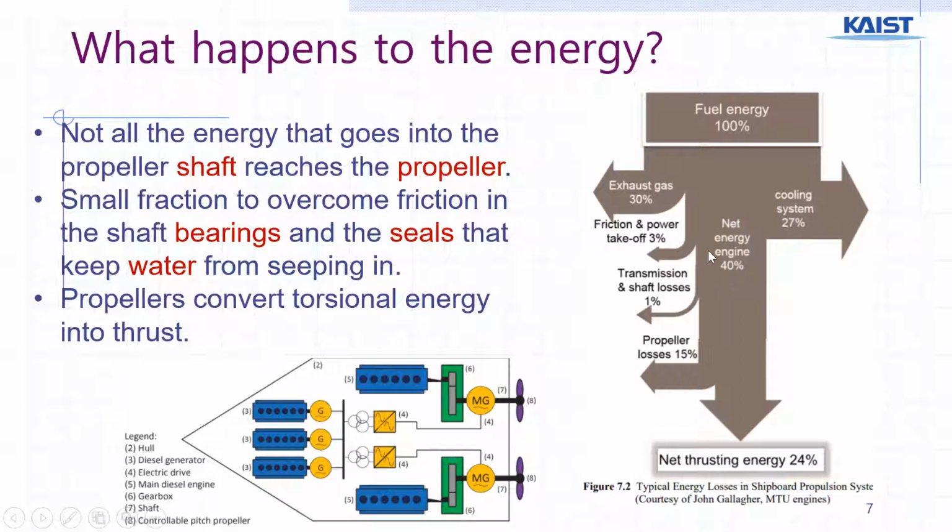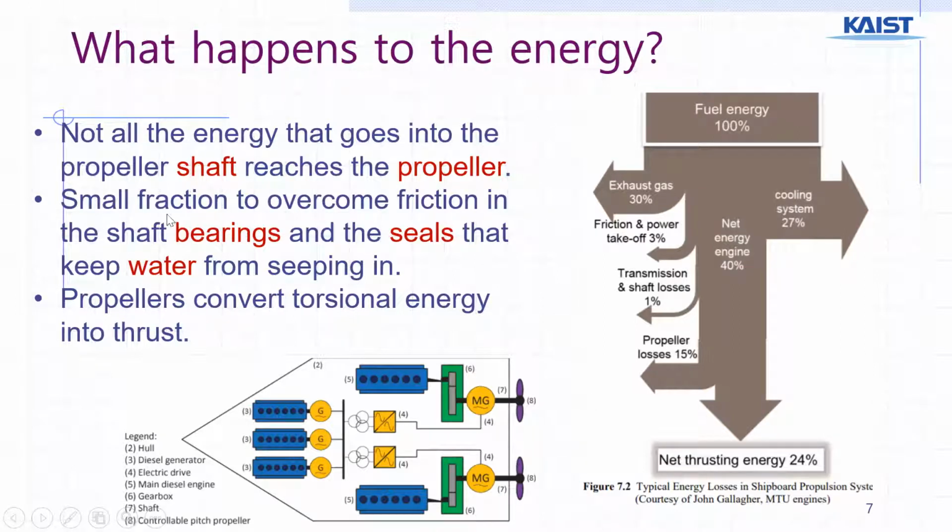So the remaining is only 40% used by propulsion, but there is also frictional resistance in the bearing and shaft loss, and propeller loss is also 15%. So only 24% of fuel energy is used for the propulsion.